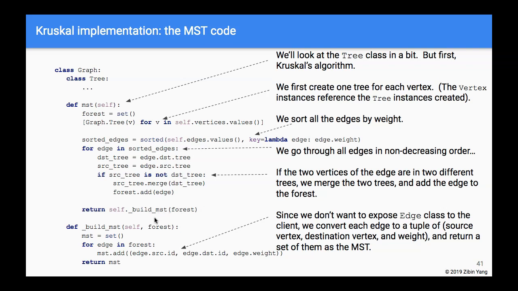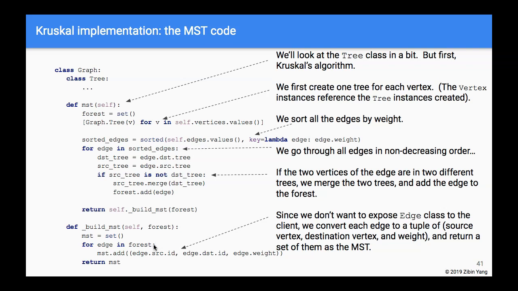And the way that we do that is, and remember, what's in the forest are edges, right? We add edges to the forest. Now, we don't want to expose the edge class to the client because the edge class to me is internal to the graph.